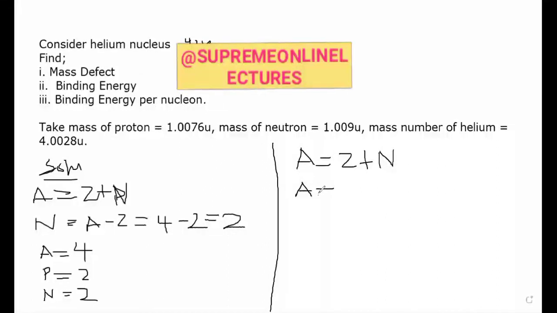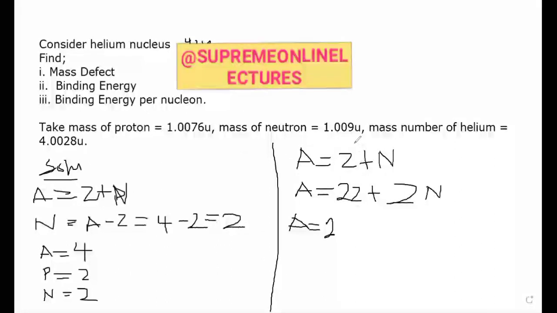A equals 2 times the mass of Z. Anyway, let me just make it this way: 2 times Z plus, then our neutron number is 2, so 2 times N. Okay, so we have that this will be 2 times, what is our Z?